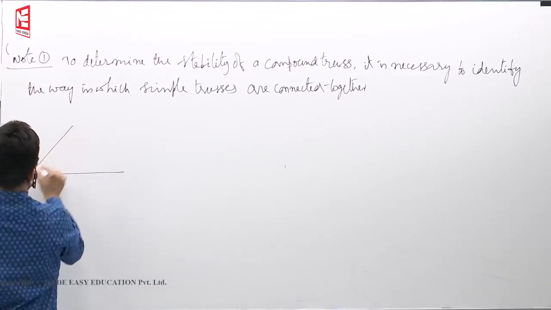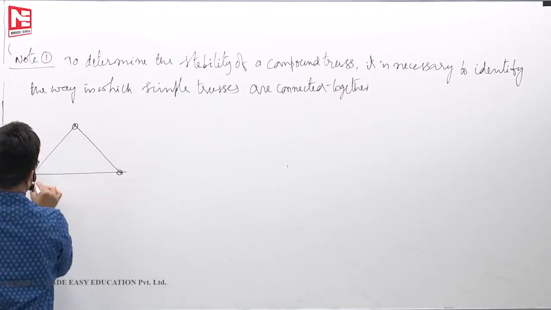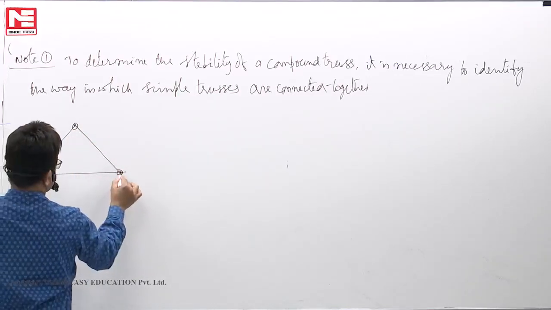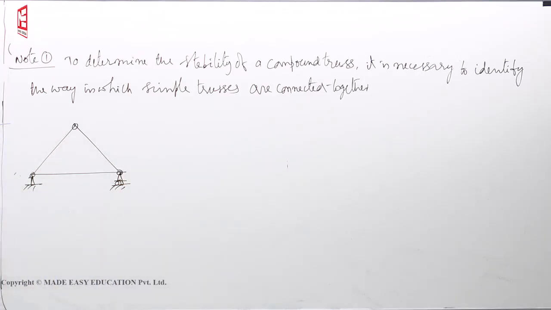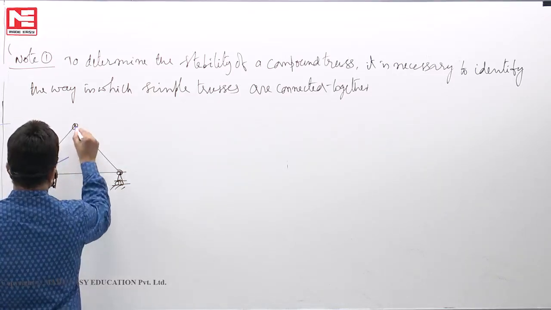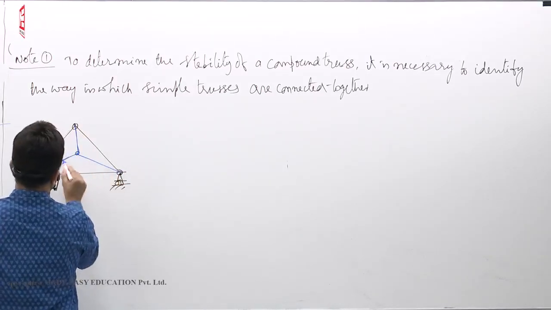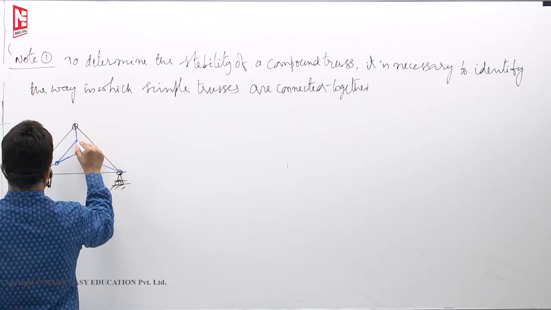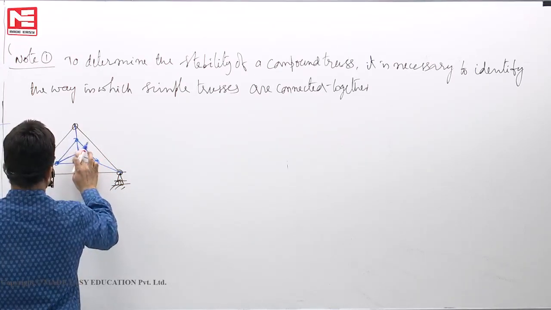See, this type of truss we have taken, one compound truss. Inside this one, we have drawn one more truss. This is a compound truss. This type of problem I have given.